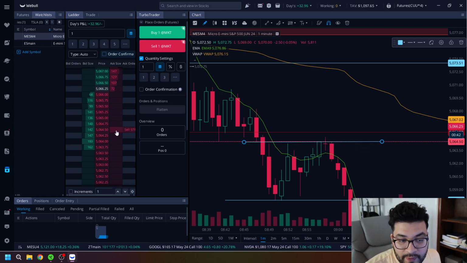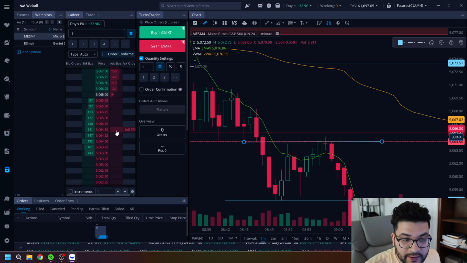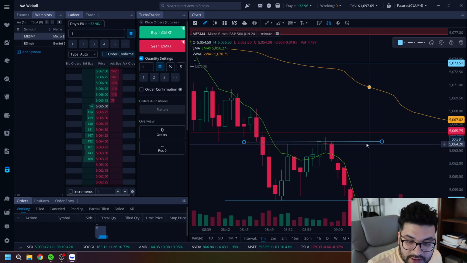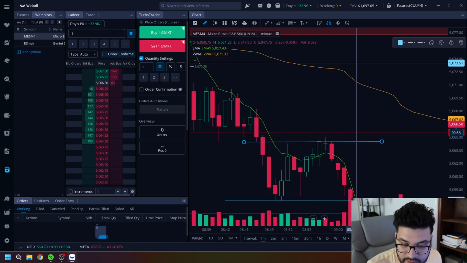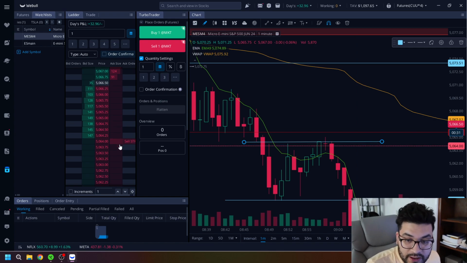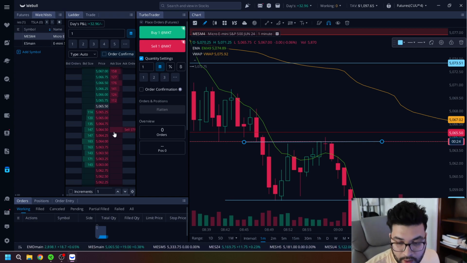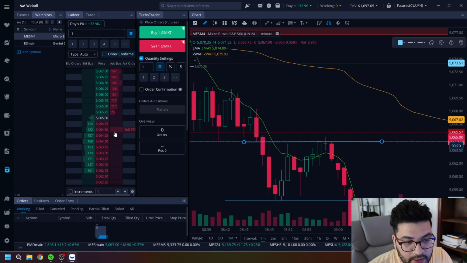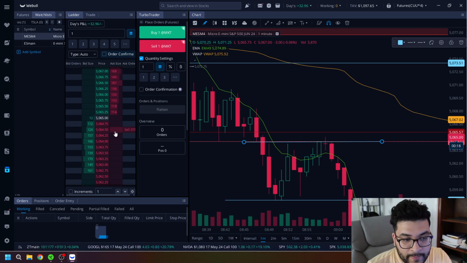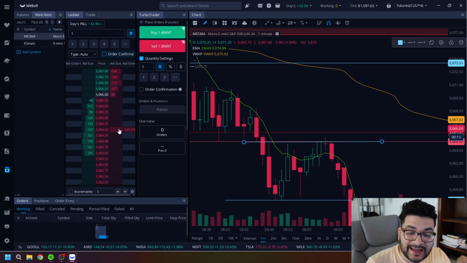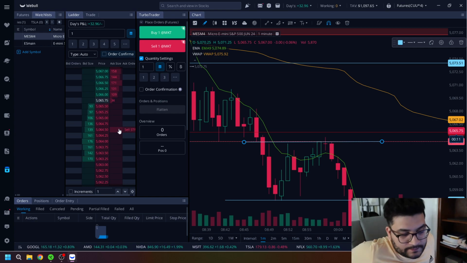But I will press the sell button right here, and when the price automatically comes to this area, it will fill my order and short my position. Now the cool thing is, once I press this button, it's going to create a working order. It hasn't been filled yet, but once the price, you can see the price is almost about this area now, when it does come in, it's going to fill my order. That's how I go in on a position if I want to.